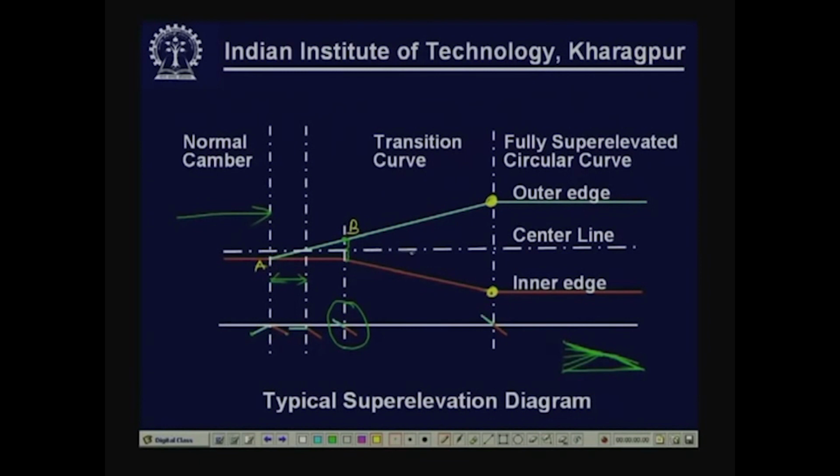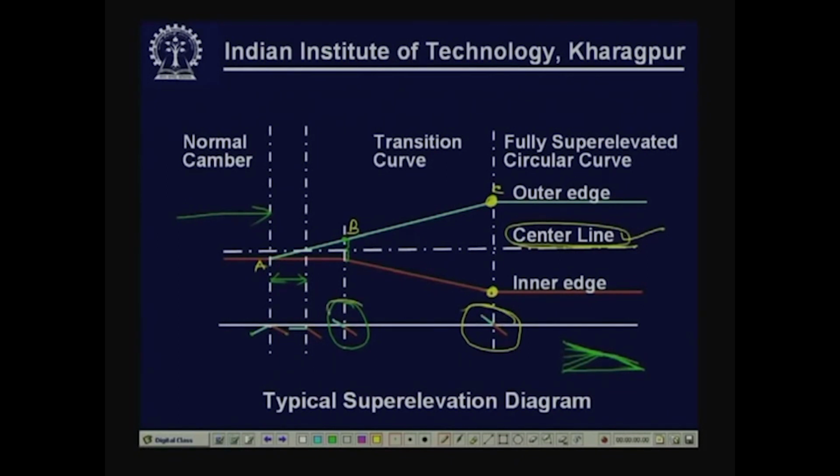So, the center line remains unchanged as you can see here. The outer edge is raised as shown by the green line, goes up to a point C, and at this point C you have a section like this, uniform slope, but equal to the required super elevation.